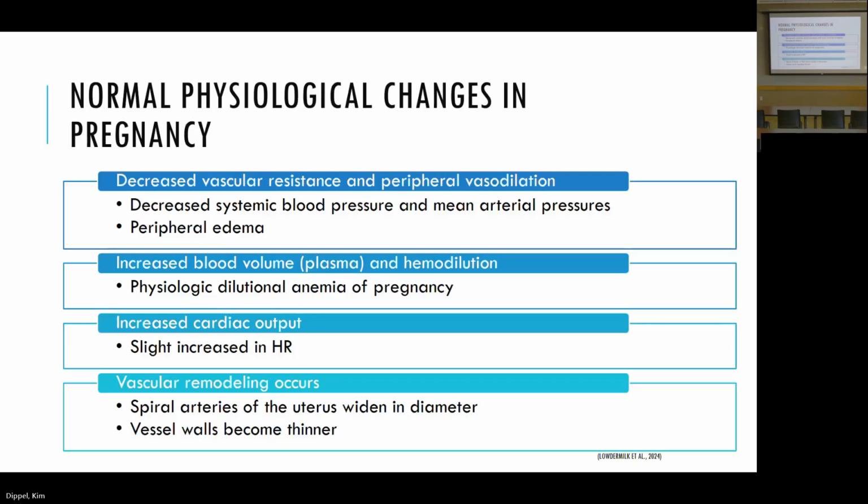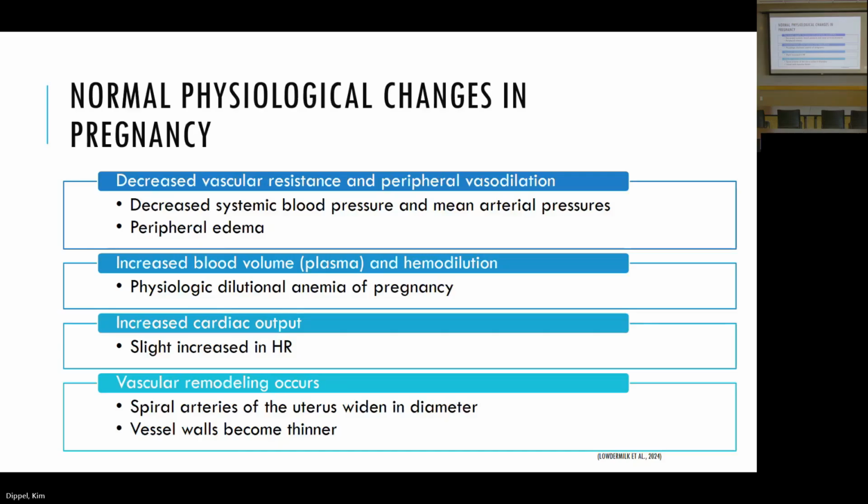And the other thing that happens is that she has an increase in blood volume. Really, what happens is the plasma compared to the RBCs are increased like to a 60-40% ratio. You have a physiological dilutional anemia of pregnancy.